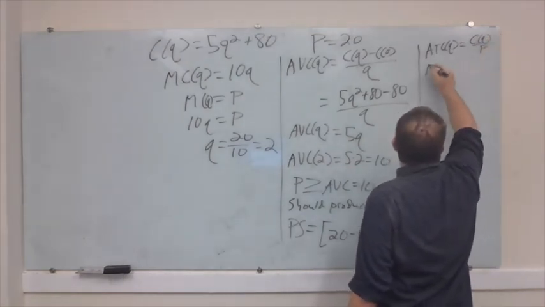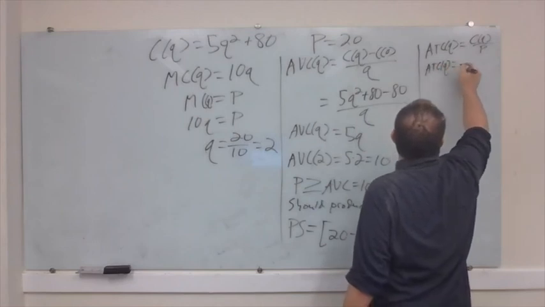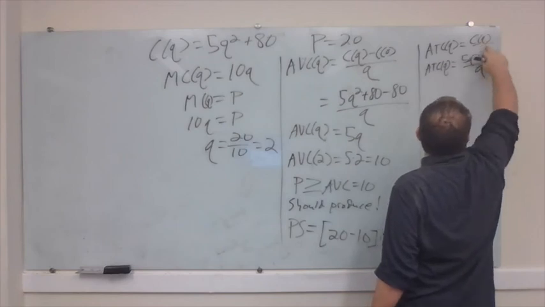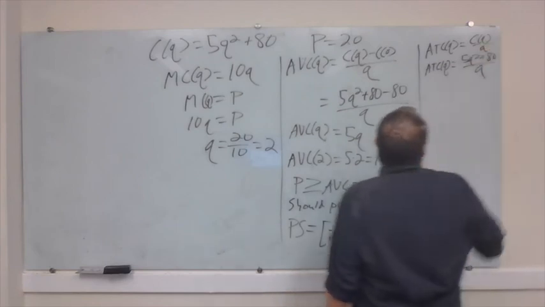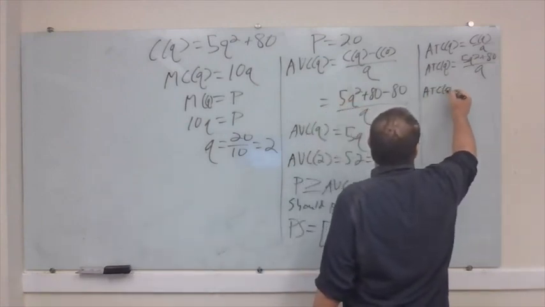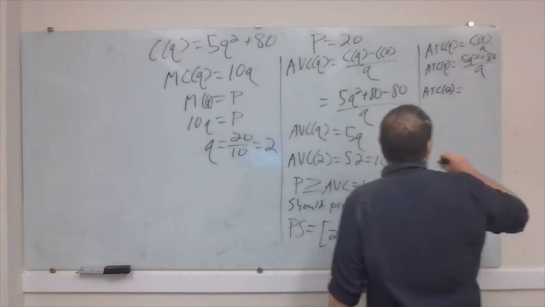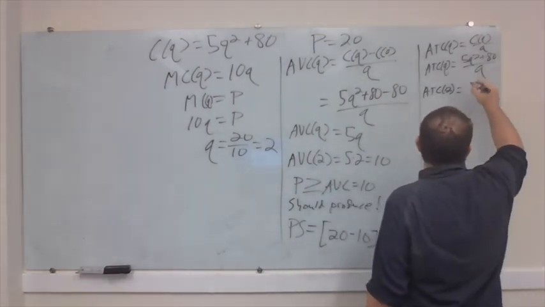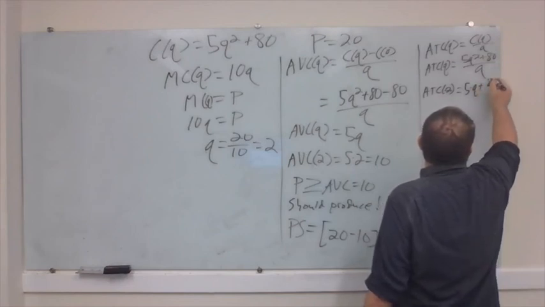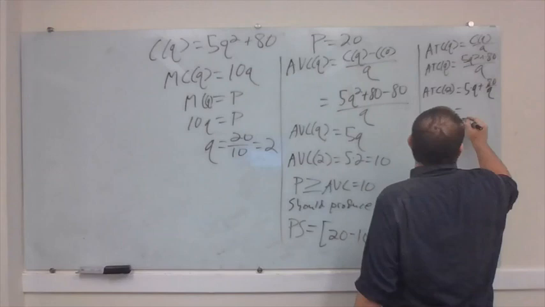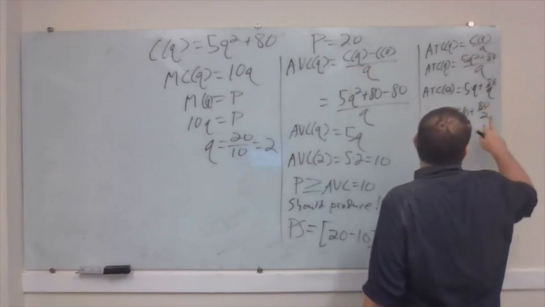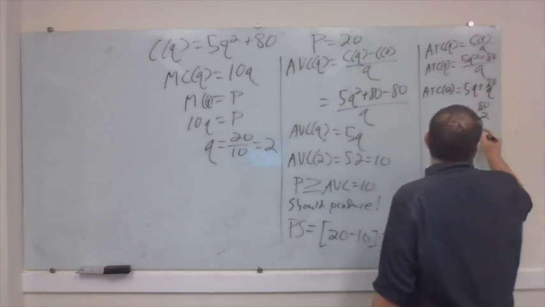So this is just going to be 5Q squared plus 80 over Q. So in this case, our average total cost of producing 2 units is just going to be 5 times 2 plus 80 over Q, which is 10 plus 80 over 2, is going to equal 50.